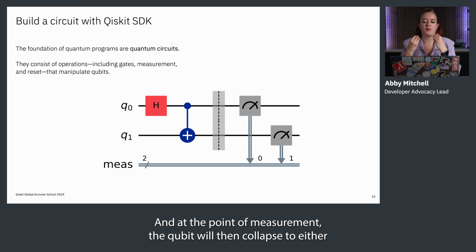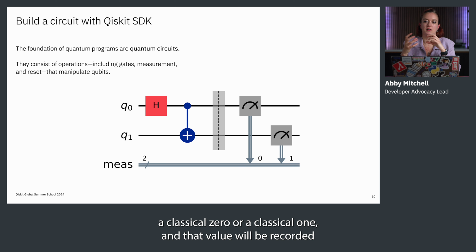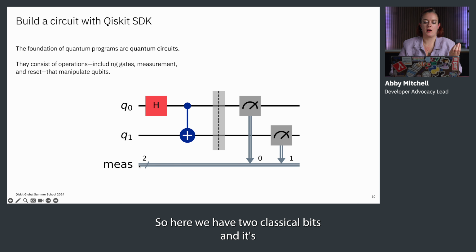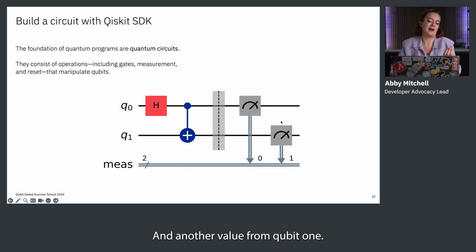And at the point of measurement, the qubit will then collapse to either a classical 0 or a classical 1, and that value will be recorded on a classical bit, which is represented by this double gray line. So here we have 2 classical bits, and it's recording one value from qubit 0, and another value from qubit 1.